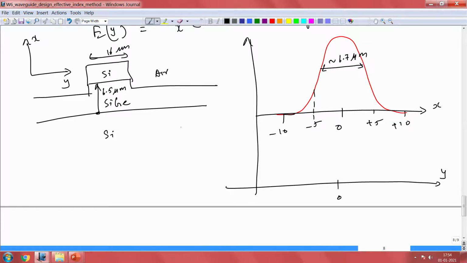So, y direction is broad here, you see. So, in y direction we have a 16 micrometer broad waveguide. Okay. And what we will get is something like this, where your full width half max will be approximately 14 micrometer, but then the dimensions are broad here. Okay.